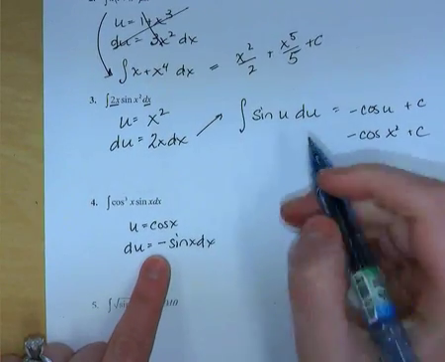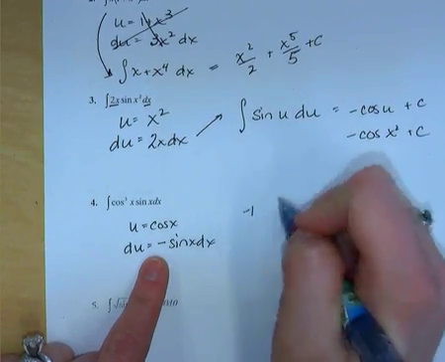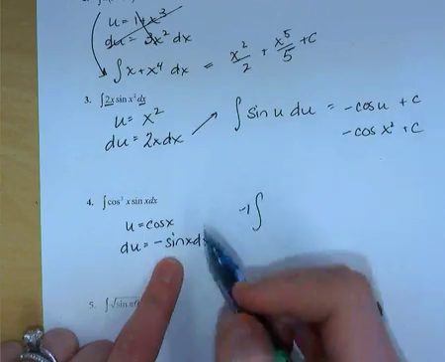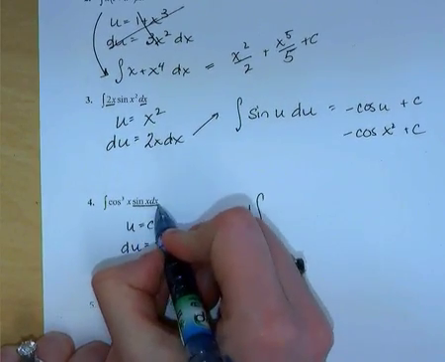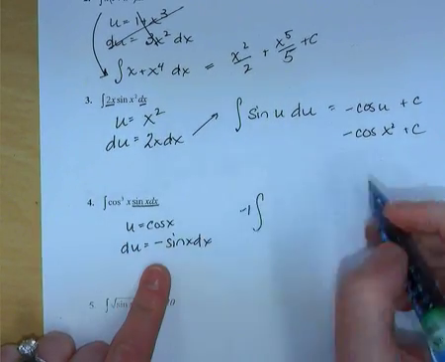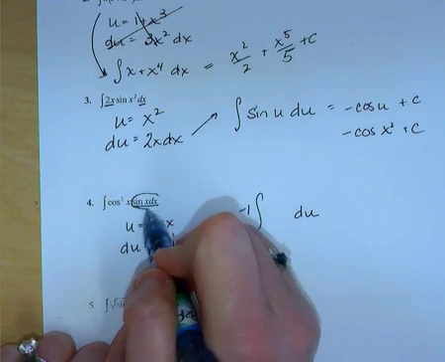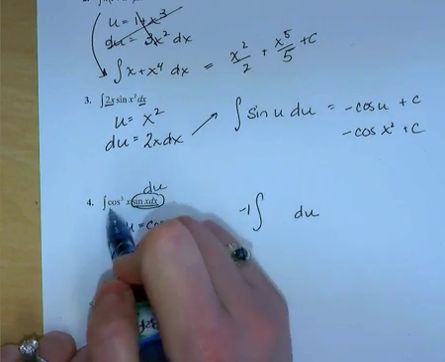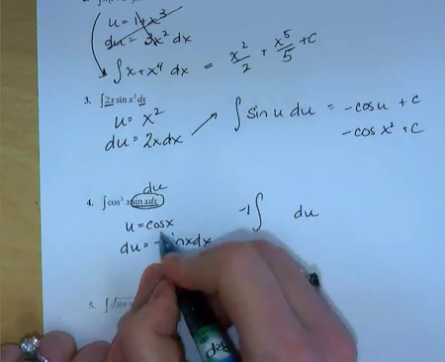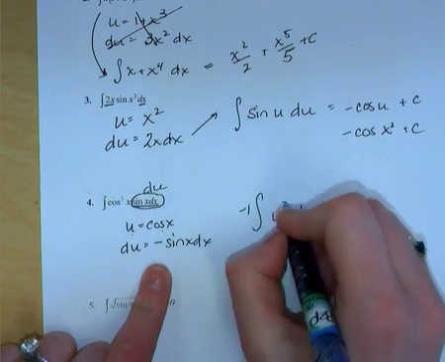The negative 1 I can compensate with the reciprocal out in front. Integral, that sine x dx, that now turns into du. That right there, all of that is my du. And instead of cosine cubed, I now have u cubed.